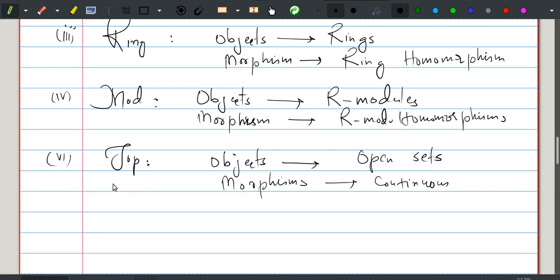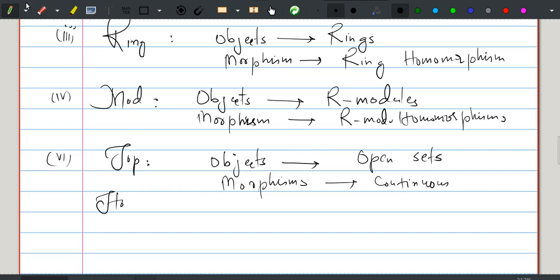and then we have the category of topological spaces, but that is a different category, in which objects are just open sets, but the morphisms are homotopic maps.